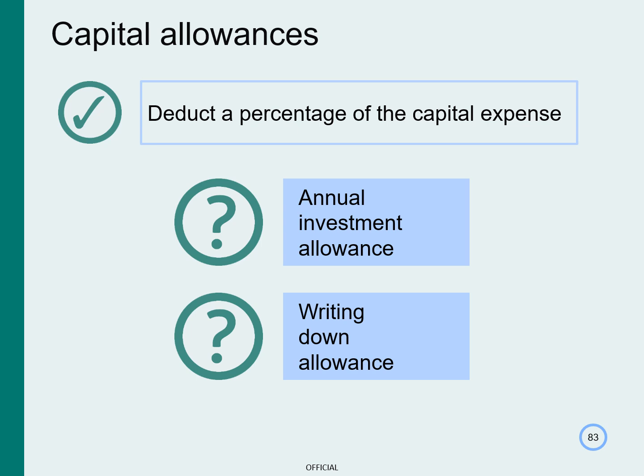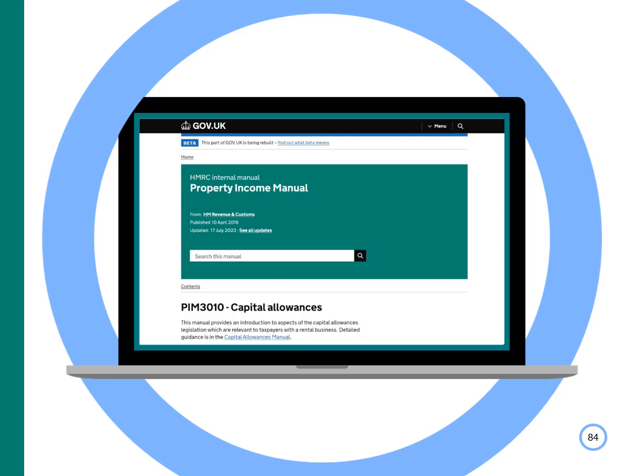You'll also see there are other allowances available, such as the Structures and Buildings Allowance and Zero Emissions Car Allowance. As well as Help Sheet HS252 we saw earlier, there's lots of guidance in the Property Income Manual PIM 3010 on gov.uk.